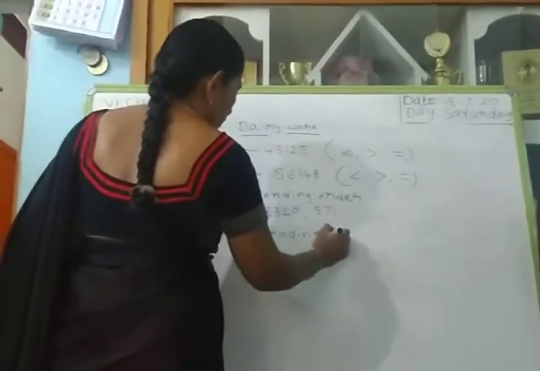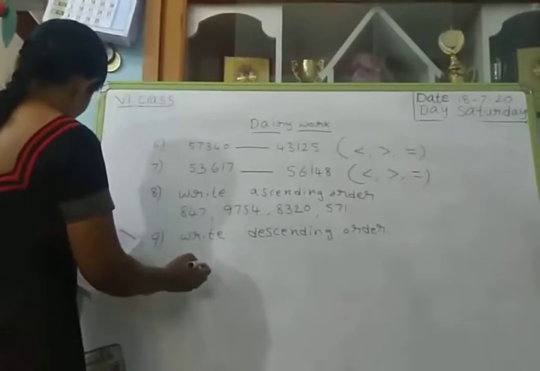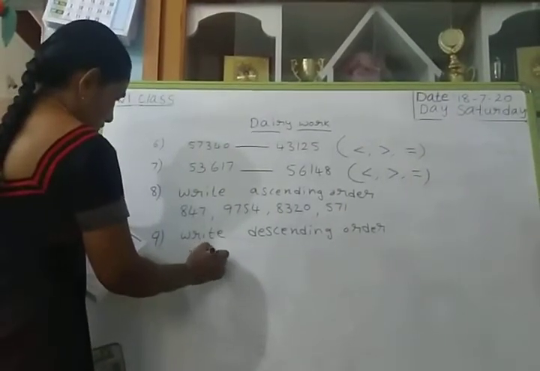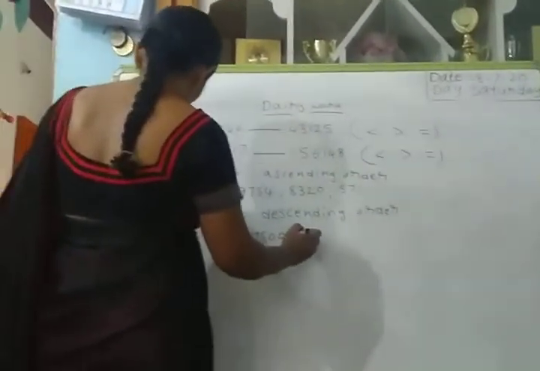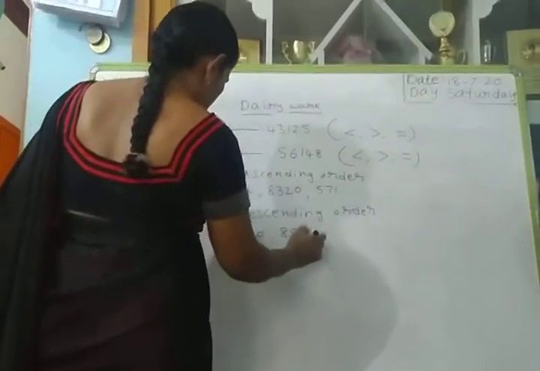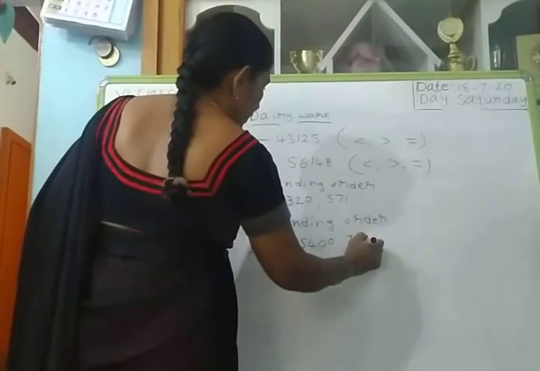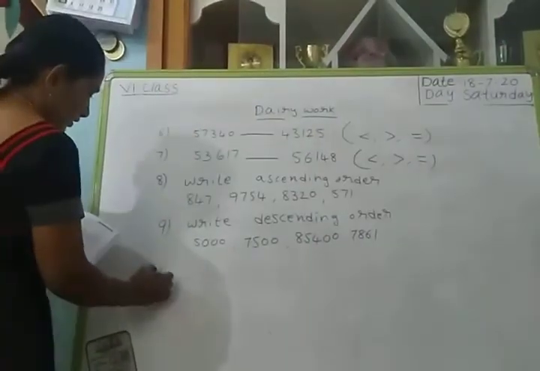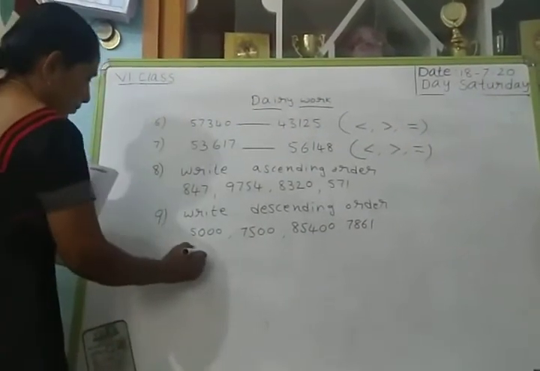Given numbers 5,000, 7,500, 85,400, 7,861. Arrange in descending order. Next, 10th question.